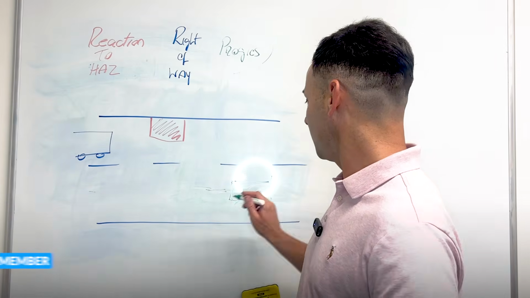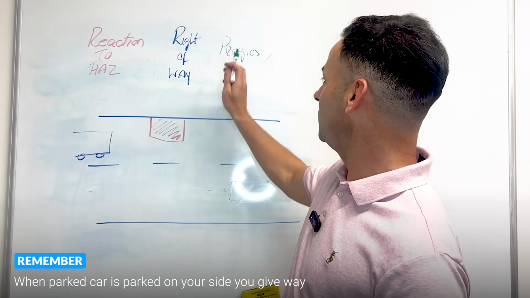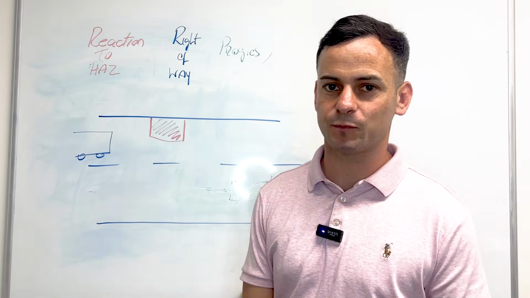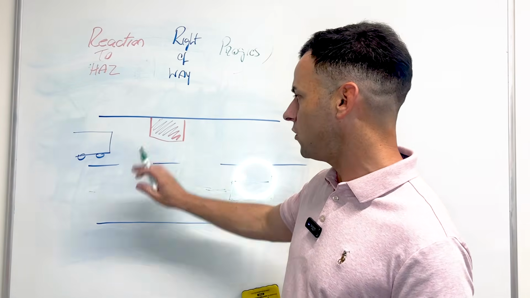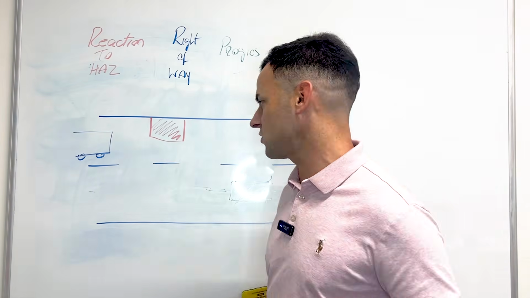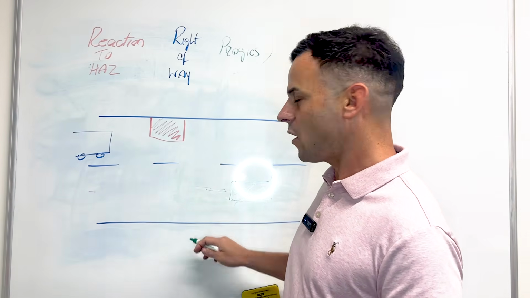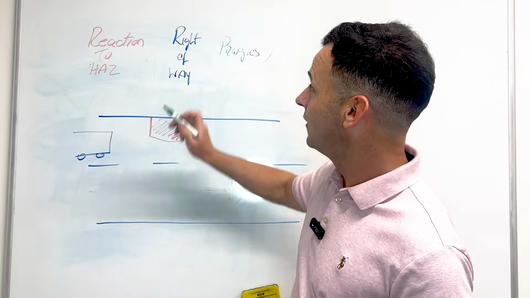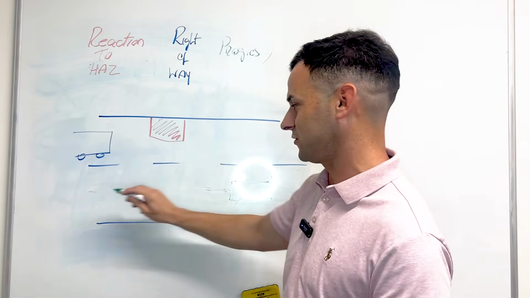In this scenario, there's no hazard on our side, we have right of way, we should gradually progress. But step one, like everything else, is always looking up the road. We just want to come off the accelerator slightly. No hazard on our side, as in no parked car, so generally we have right of way and we should progress.